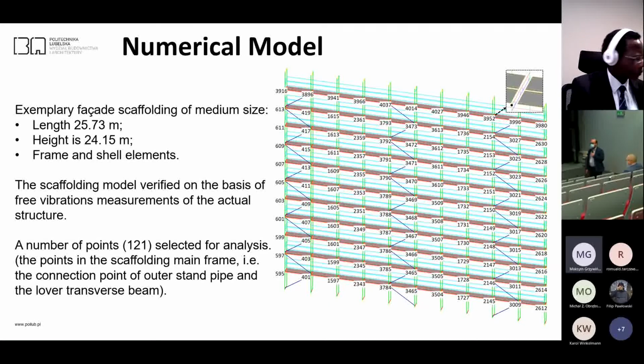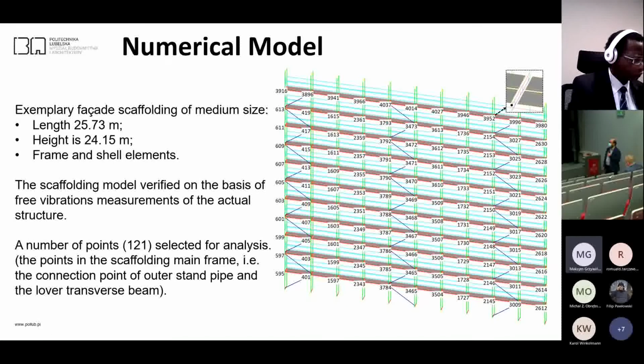The model has been built and verified on the basis of measurements in nature. It was a really built scaffolding here in Łódź. And we have measured and calculated natural vibrations and compared them.